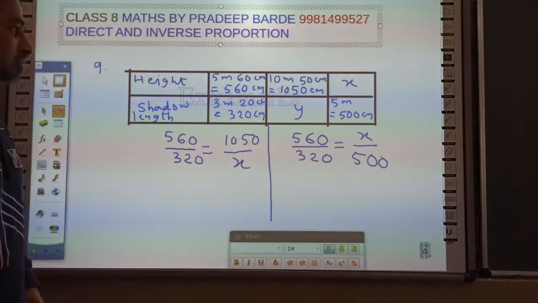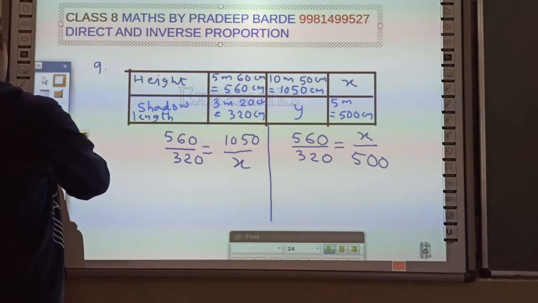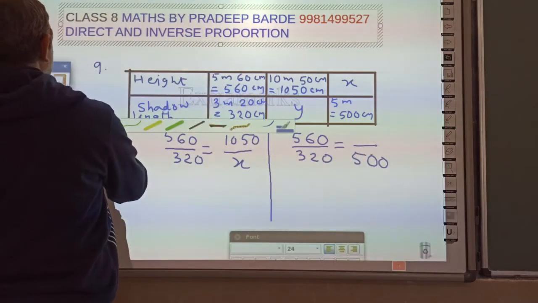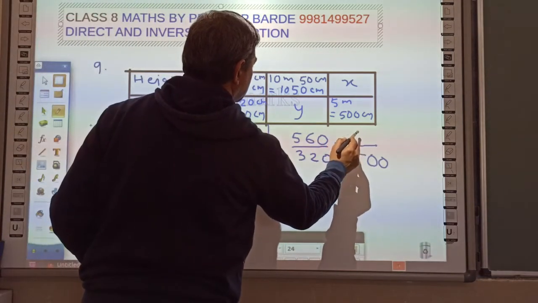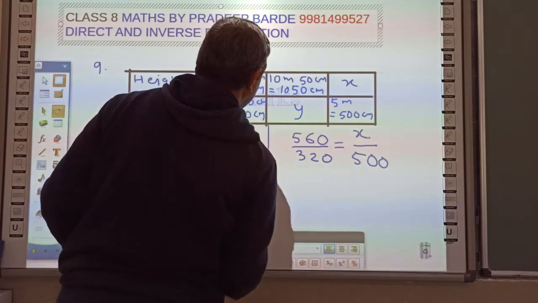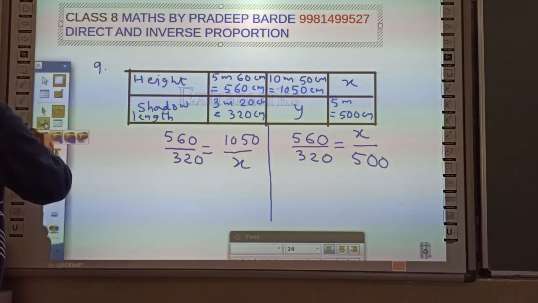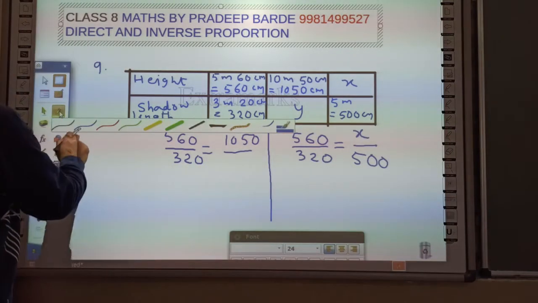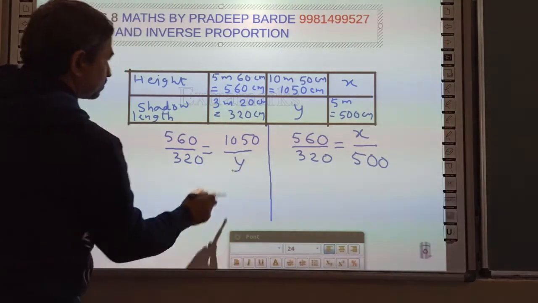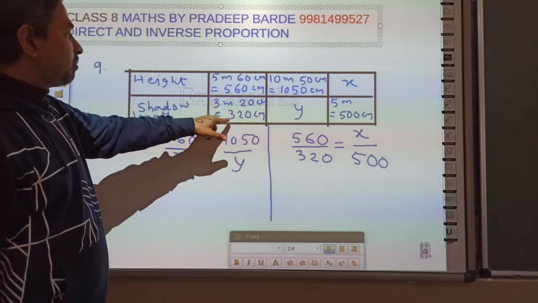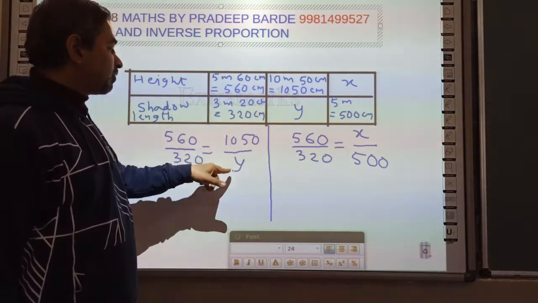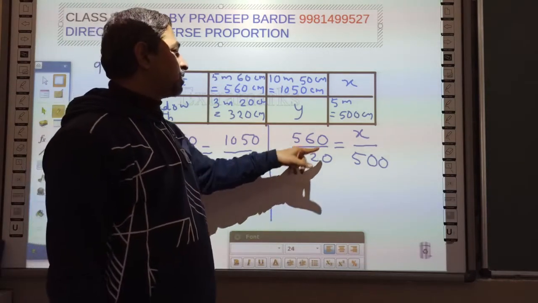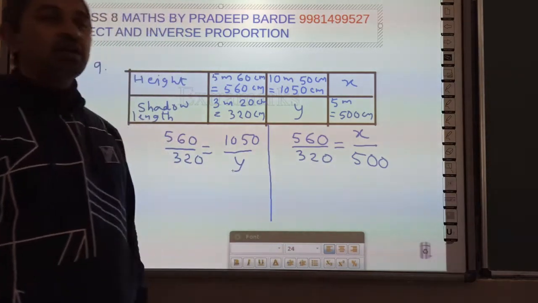Okay, this is x and the other one, this one is y, sorry. 560 upon 320 equal to 1050 upon y. और सेकेंड पार्ट के लिए हो गया 560 upon 320 equal to x upon 500.